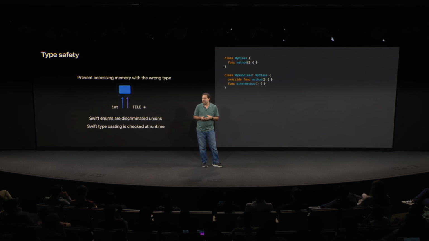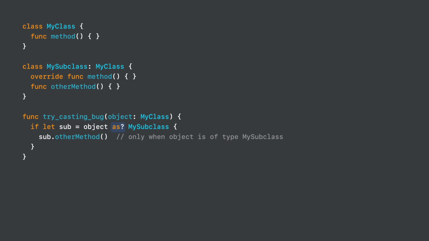Swift's typecasting is similar. So the Swift code here defines a class and one subclass. That subclass overrides a method and introduces its own other method. Pretty classical object-oriented programming. Here we're going to try a downcast. Now the as question here will downcast the given object to my subclass. It produces an optional value, which will either contain the instance as a my subclass, or it will be empty if the downcast fails.